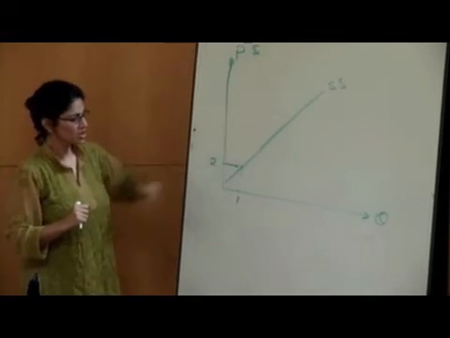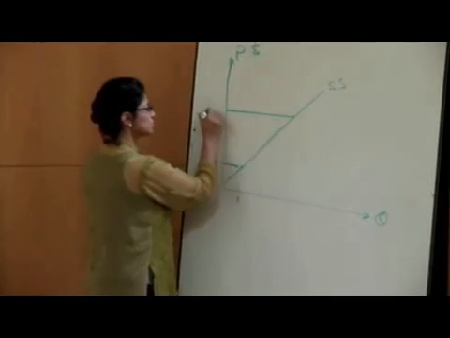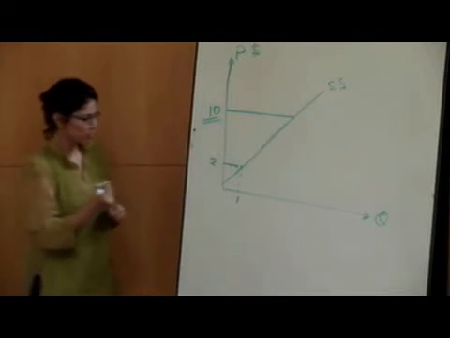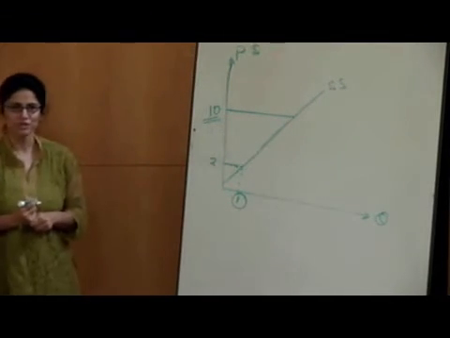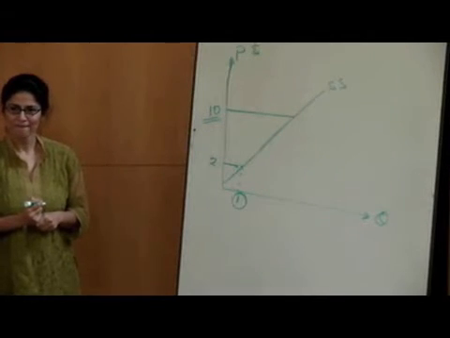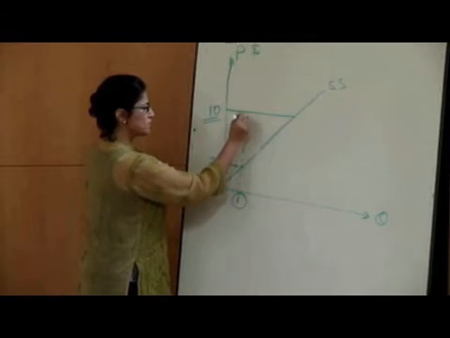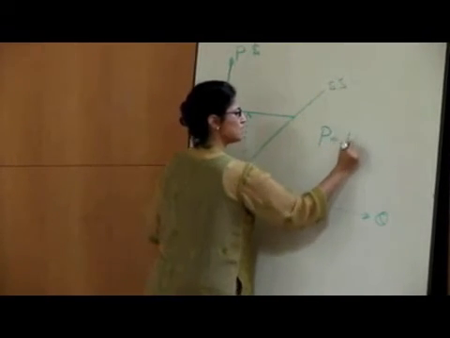Now, the supply function is measuring the minimum price. Suppose the equilibrium price here was $10, right? So what is the surplus that the producer gets when he sells this first unit of the good? The price that he gets for that first unit is 10. That's the market price that he gets.